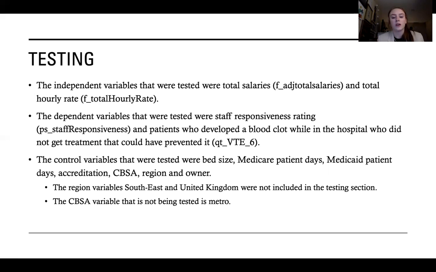And the control variables that I used were bed size, Medicare patient days, Medicaid patient days, accreditation, CBSA, region, and owner. The region variables that were not included in this testing section were Southeast and United Kingdom, and the CBSA variable that was not being tested is Metro.